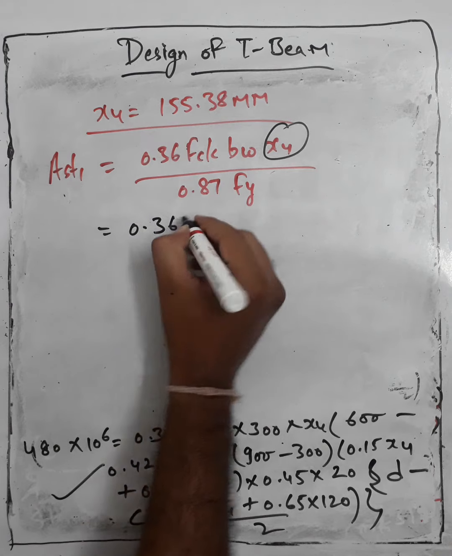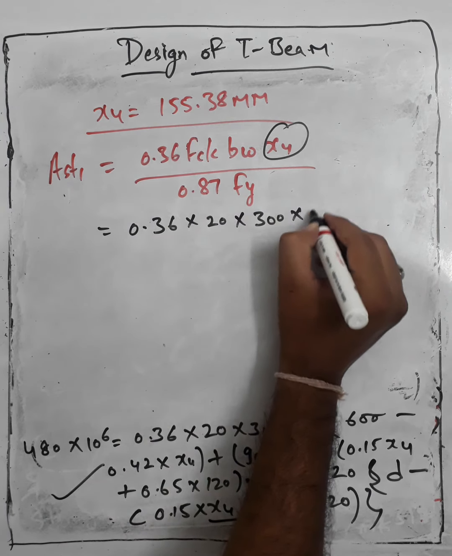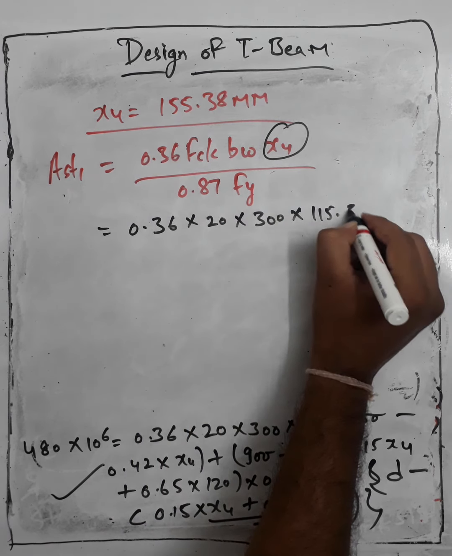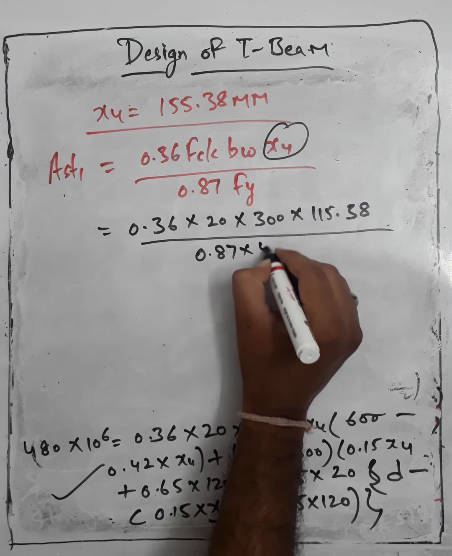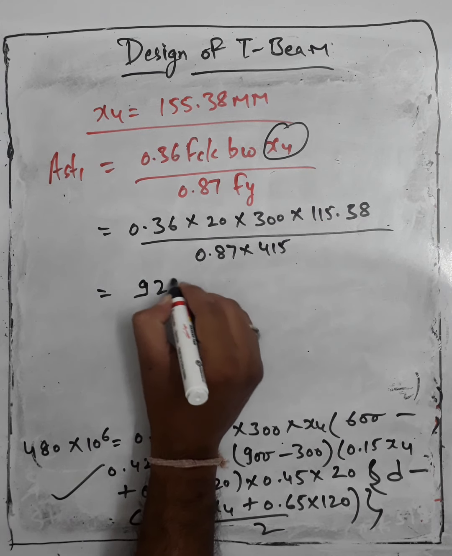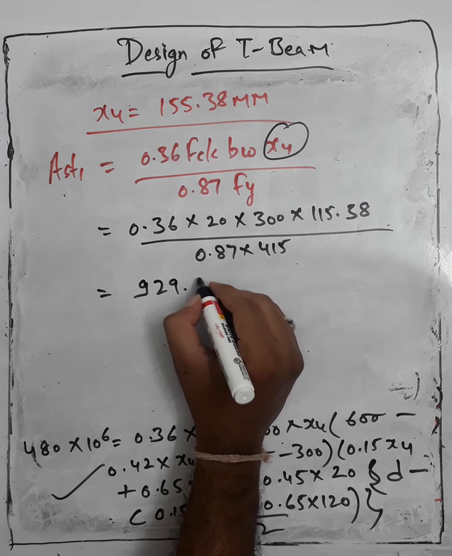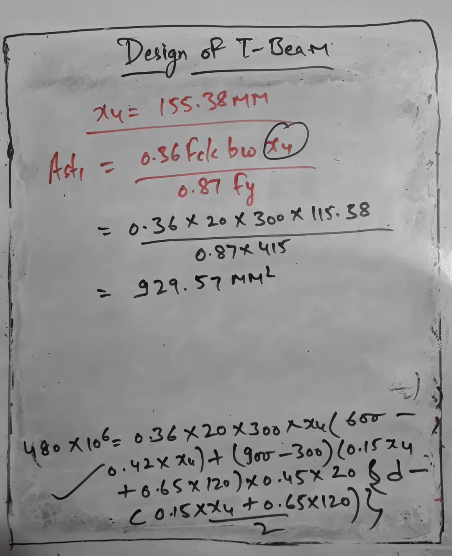So 0.36 × 20 × 300 × 155.38 divided by 0.87 × 415. Here we get 929.57 mm², and this is Ast1. Now we have to find Ast2.